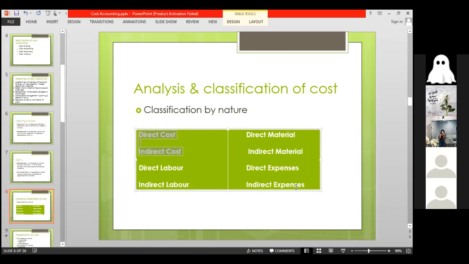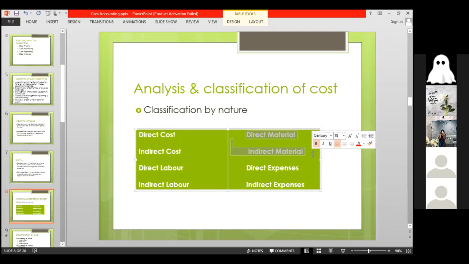Okay, then direct material and indirect material. Material that is used inside your production plant or in the service of your business, that would be direct material. So if you have, again, let's say the example of a transportation company, it's a service, right? So what's the direct material for a service company like transportation?